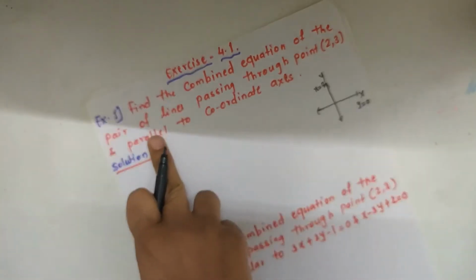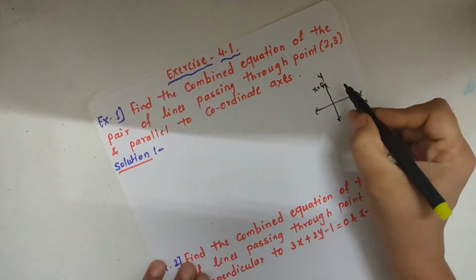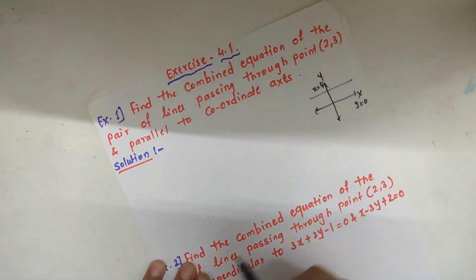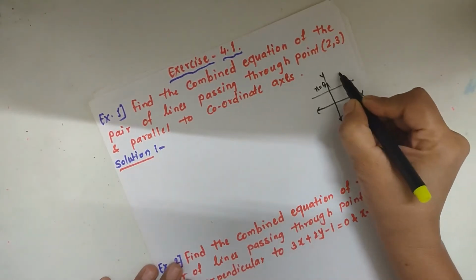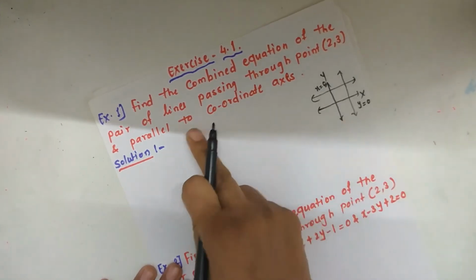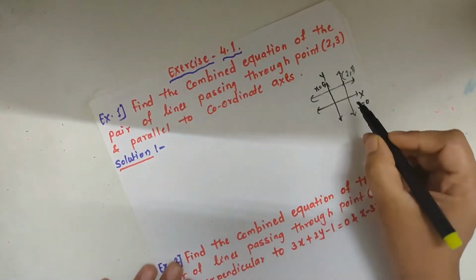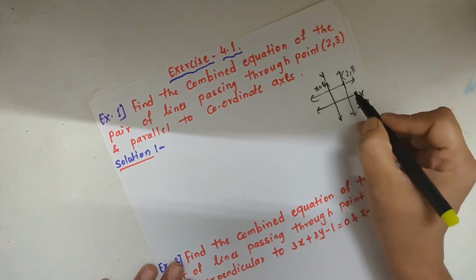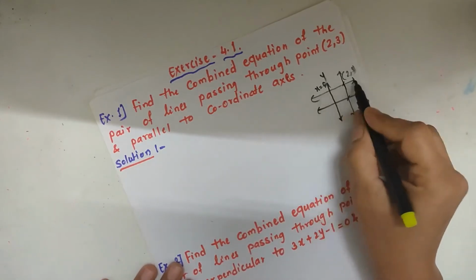Now in this example, the required lines are parallel to the coordinate axes. Suppose the first line is parallel to the x-axis and the second line is parallel to the y-axis, and also these lines are passing through the point 2, 3. So this point cuts the x-axis at 2 and the y-axis at 3.